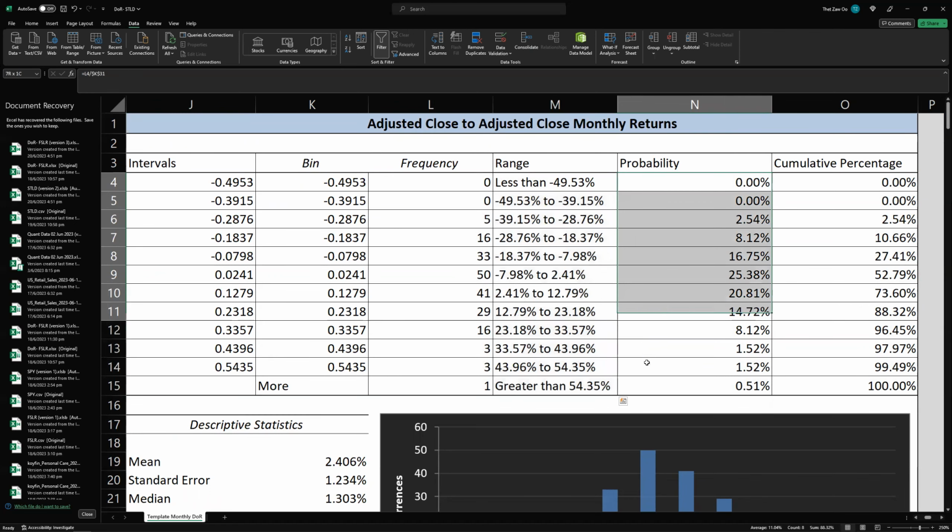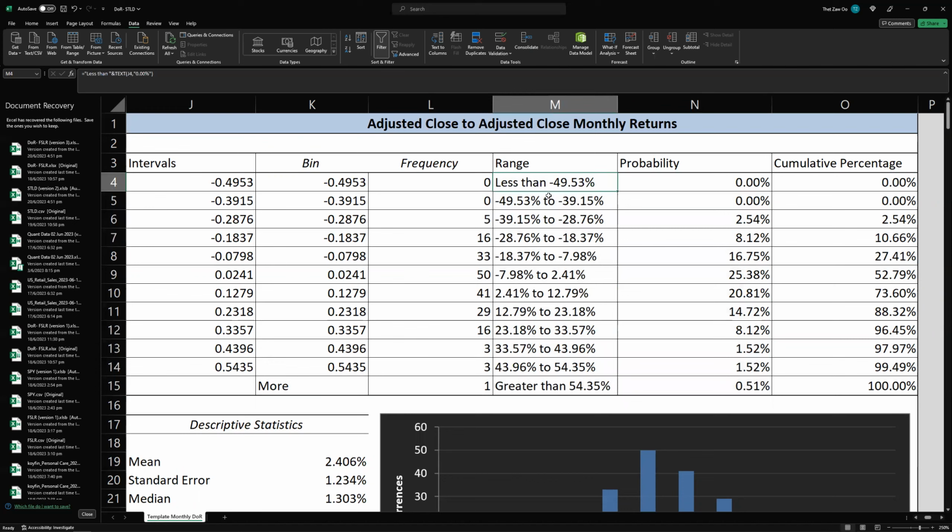And this probability is telling you the occurrence based on past data. How many times did First Solar achieve these returns? Under frequency, it will tell you how many months there are where First Solar attained these numbers.